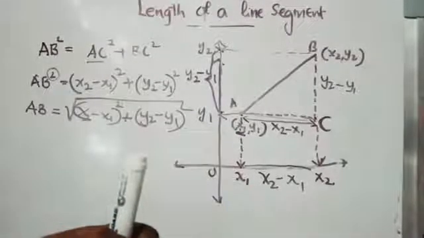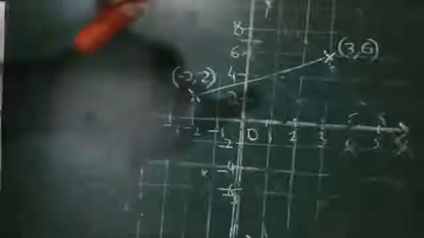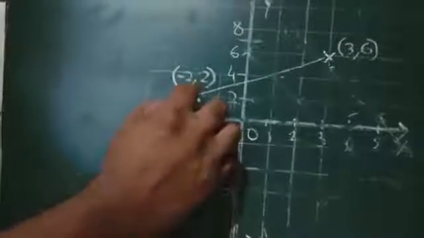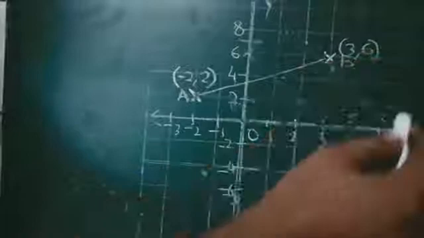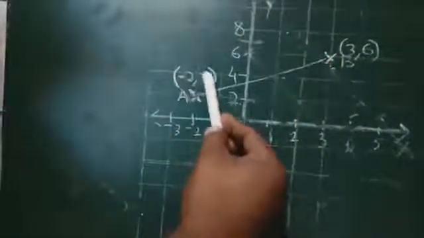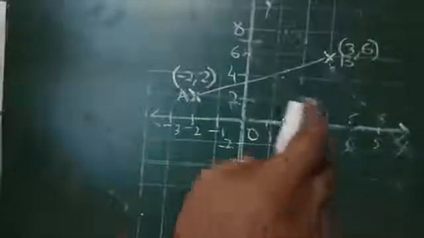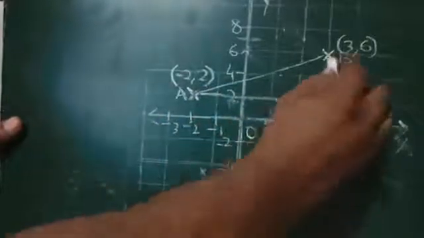Okay, now let's take our question. In our question, the end points, let's name them A and B. A is (minus 2, 2) and B is (3, 6), like (x1, y1) and (x2, y2). We want the length of AB. Normally what we do is we complete this length and this length.